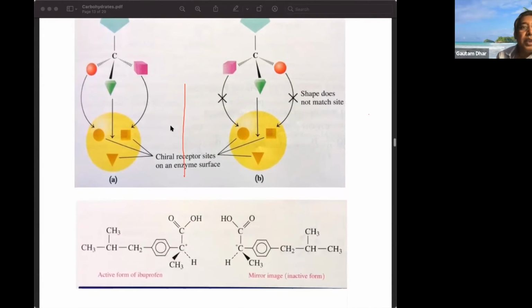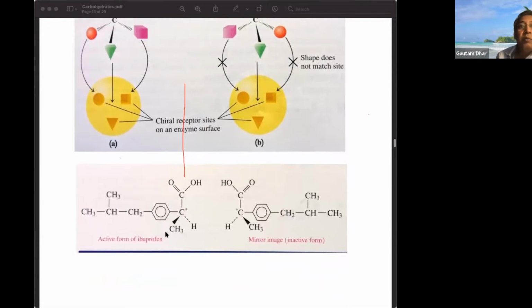Now, take other molecules like ibuprofen, which we use for fever and as a painkiller. Only one of the isomers is active; the other one is not. So if companies really wanted to treat you, they should give you a single enantiomer, which is hard to purify.